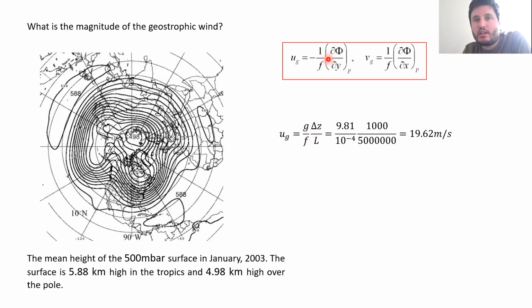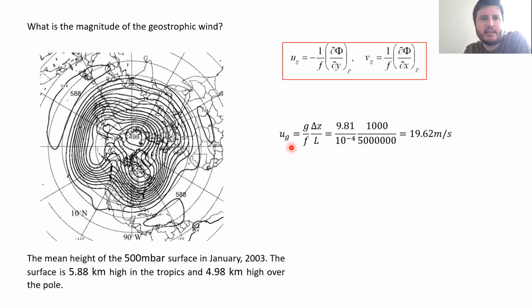So change of geopotential equals g multiplied by the difference of height. This is basically the meridional distance, which we say is about 5 million meters, so 5,000 kilometers.